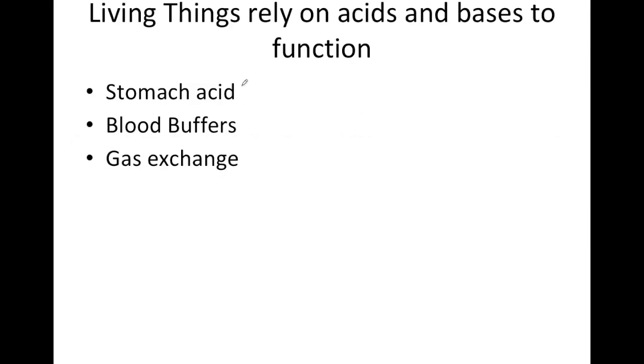So here are some of the things that we have that rely on acids and bases, like stomach acid, blood buffer, and gas exchange. We do want to make sure that we have the proper pH in order for your blood to function properly, in order for you to exchange carbon dioxide and oxygen, and also in order for you to digest your food.